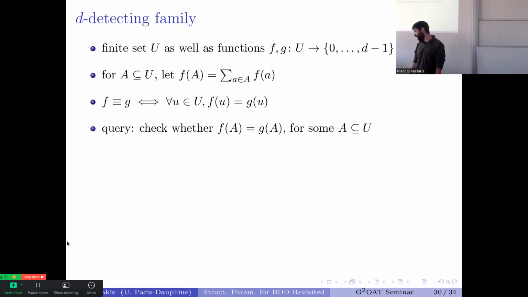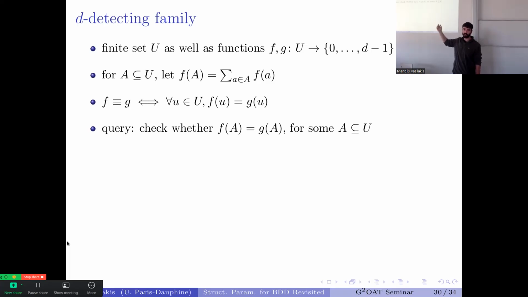We say that when we make a query, we check whether f of A is equal to g of A for some subset A of our universe. If you think about it, we can check whether 2 functions are equivalent by making as many queries as the size of the universe, right?